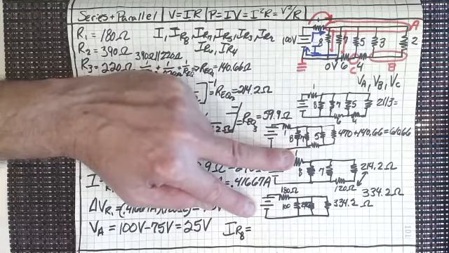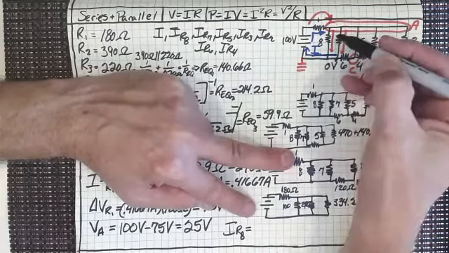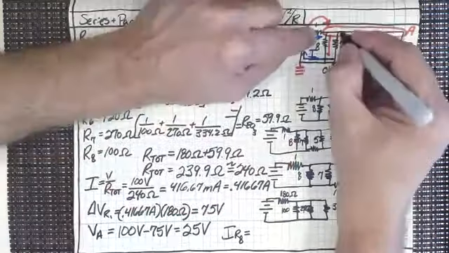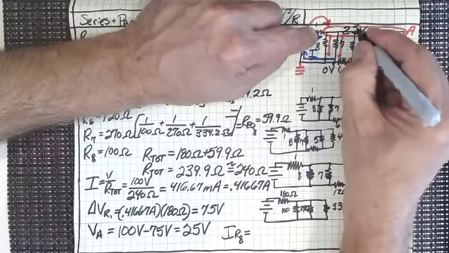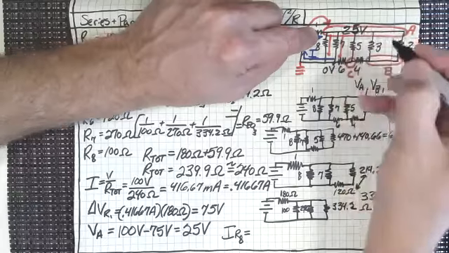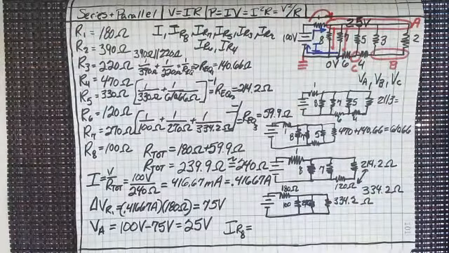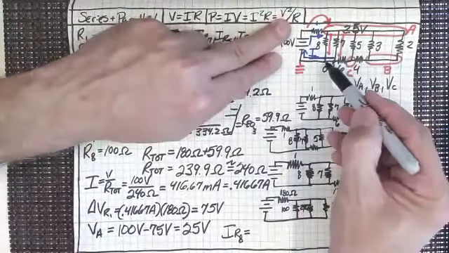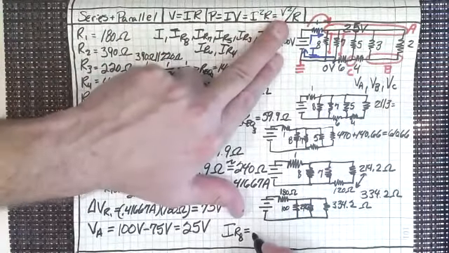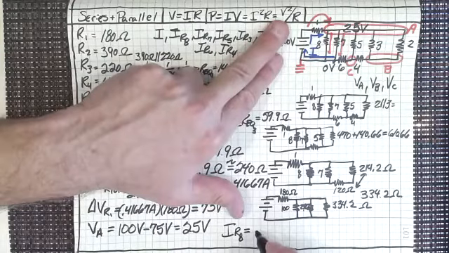So the current flowing through resistor 8. Well, what's the voltage difference across resistor 8? That would be 25 volts. Let's write that in here, 25 volts, because we're going to be using that throughout the solution of the rest of the problem. We know that's 25 volts, and we know this is 0 volts. So the voltage difference across there is going to be 25 volts, isn't it?